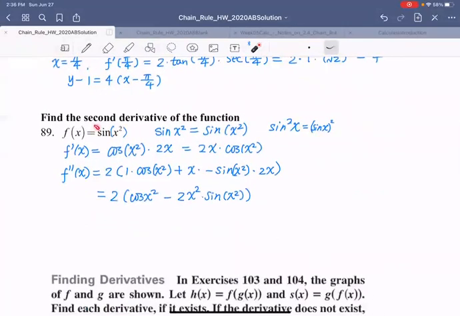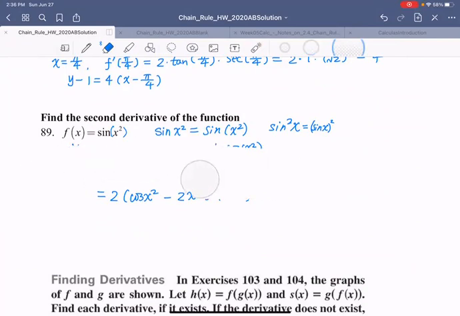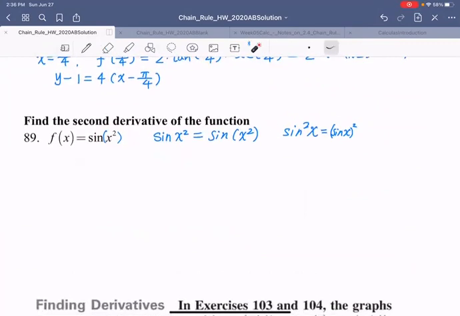Now we want to do the second derivative. Let's do a question here. Sine x, you put a parenthesis outside, is the same way as you write square over here.